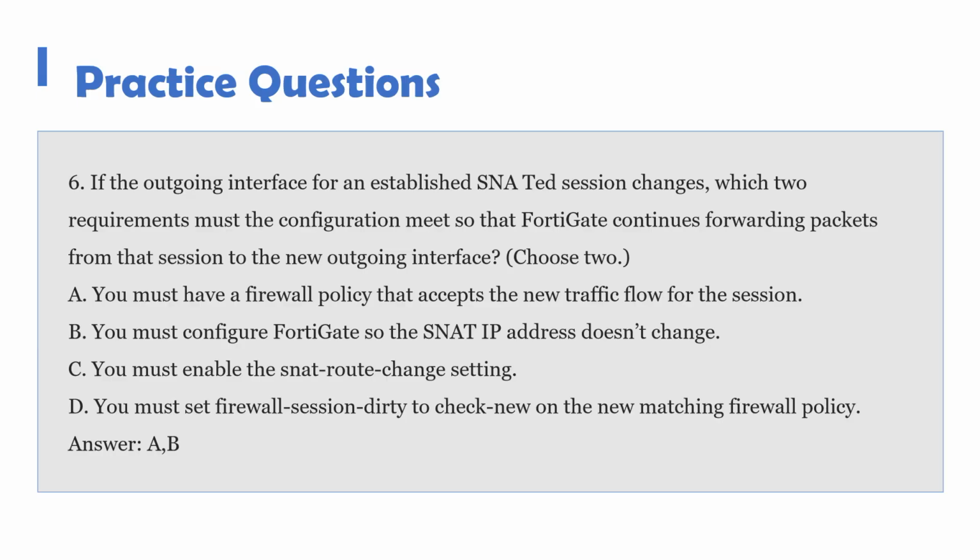B. You must configure FortiGate so the SNAT IP address doesn't change. C. You must enable the SNAT route change setting. D. You must set firewall session dirty to check new on the new matching firewall policy. Answer: A, B.